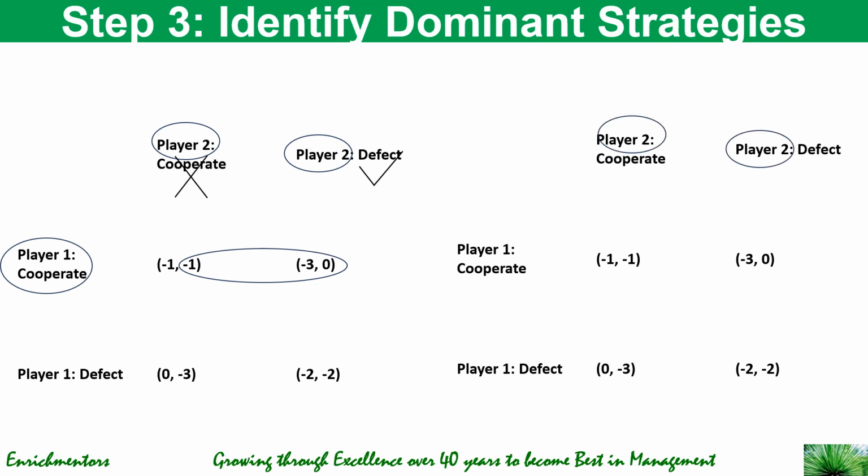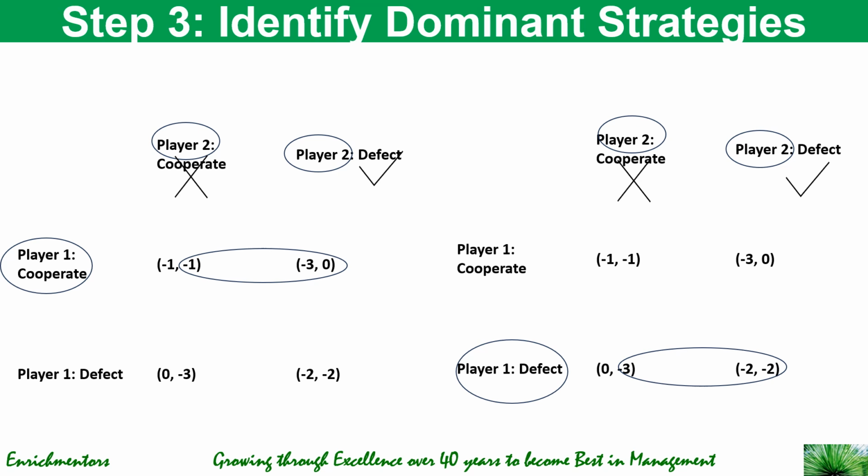And for player 2, if player 1 defects, then again defecting is a better strategy than cooperating because the payoff is better: -2 is better than cooperating. So even for player 2, defection is a better strategy.